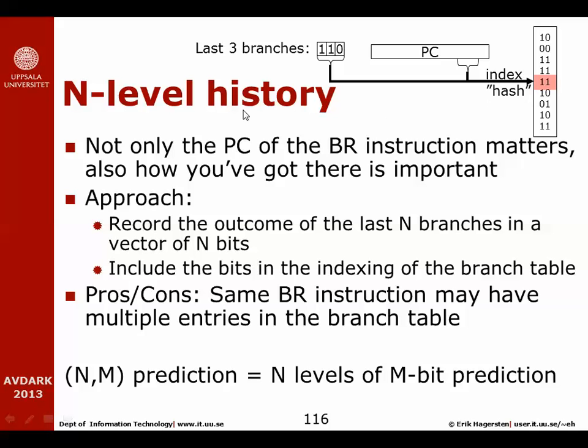So this is what's called adding a little bit of global history, and the pro of this is of course, from my previous example, it looks like we can make a much better prediction.